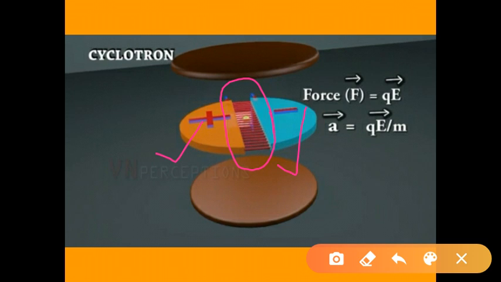What will happen when a charged particle is kept in an electric field? Yes, it will experience an electric force equal to qE. Also, it will experience an acceleration a equals qE divided by m. This equation you have studied in the first chapter.